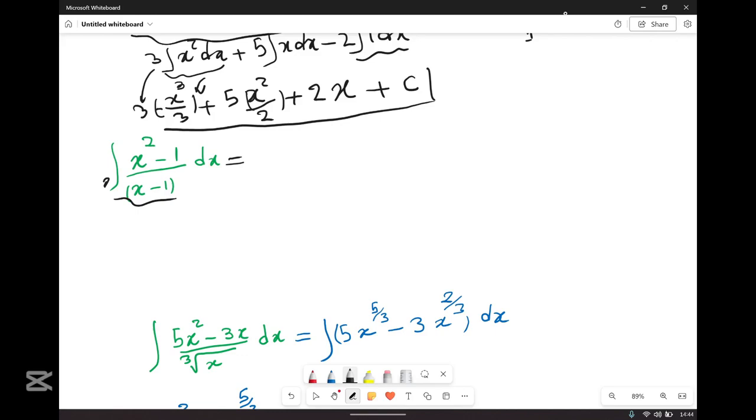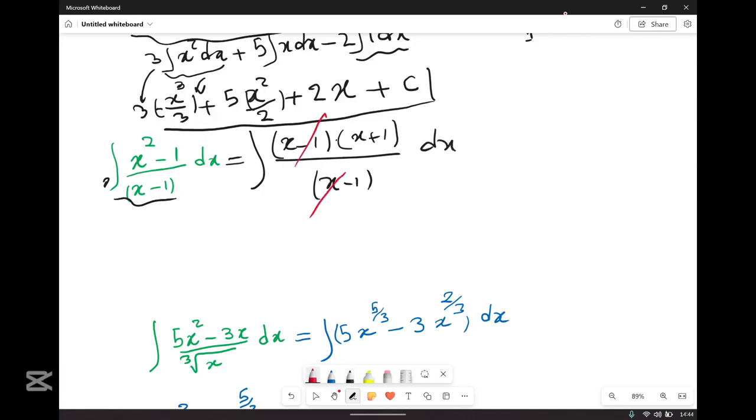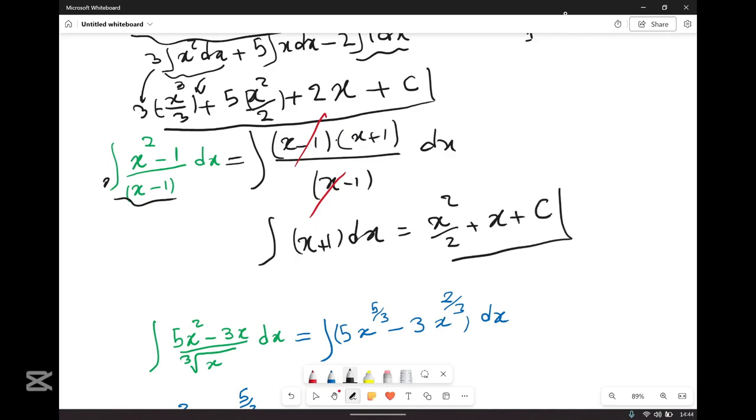Therefore, I calculate this as x minus 1 times x plus 1 divided by x minus 1, integral dx, and they can cancel themselves, and the answer is the integral of x plus 1 dx, and therefore is x power 2 divided by 2 plus x plus c. That is nice, very nice.